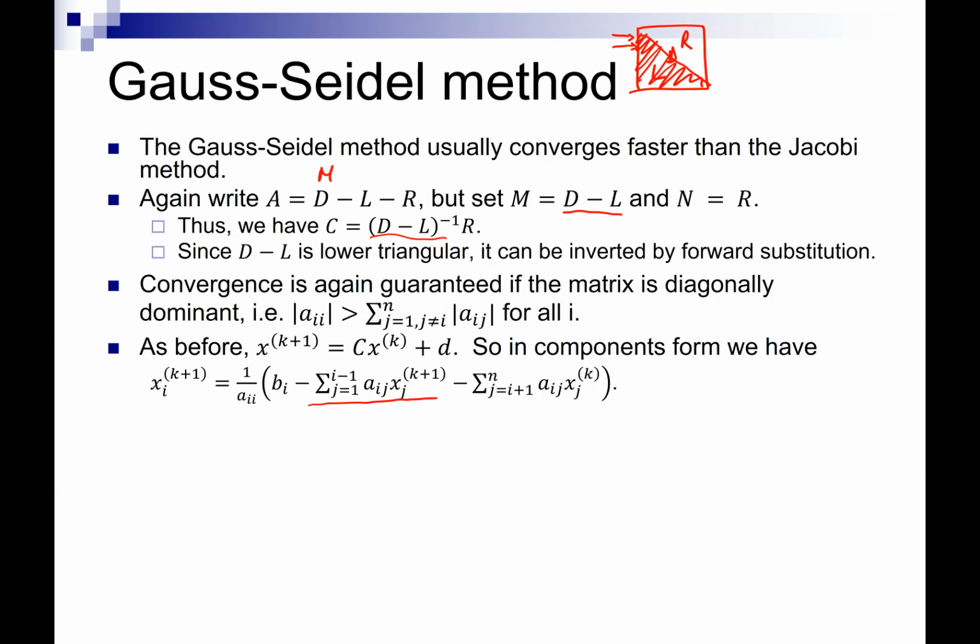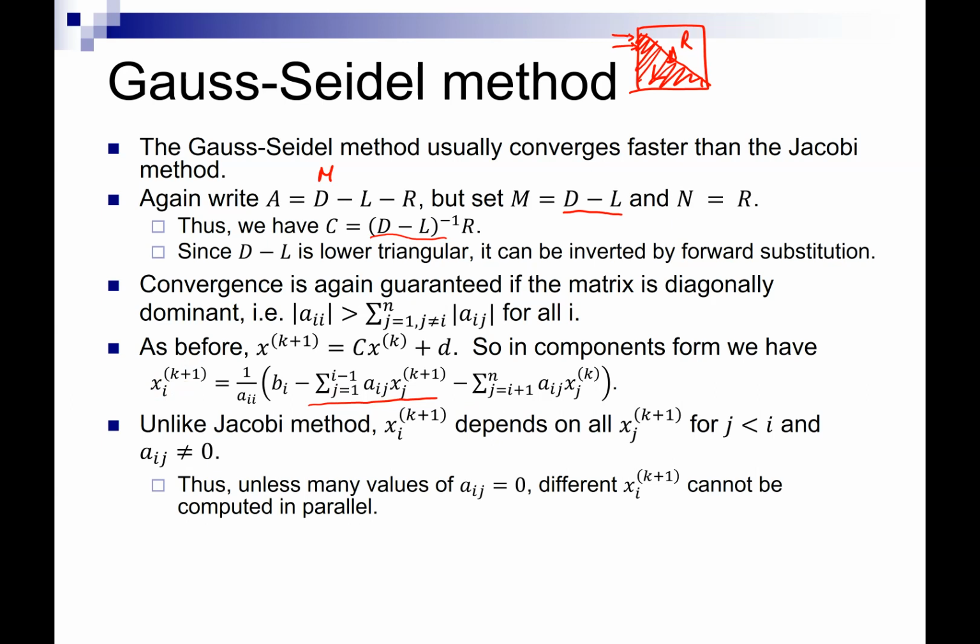So by using the values from the current k plus first iteration, which is more accurate than the values from the kth iteration, we can get more accurate values for these components. And this is what allows the Gauss-Seidel method to converge faster than the Jacobi method.